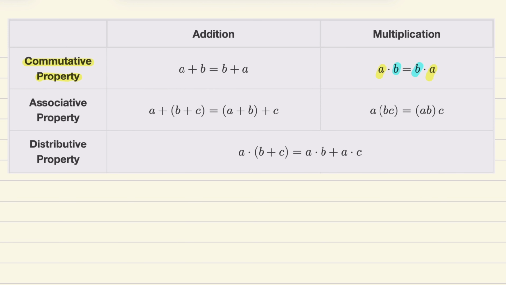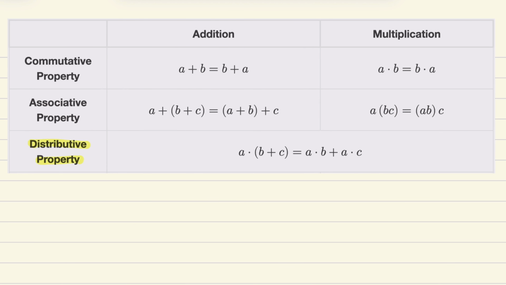Similarly, for the associative property, if we have three things being added, grouping the second and third for addition first is the same as grouping the first and the second for addition first. And then for multiplication, multiplying three things, grouping the second and third or grouping the first and second have the same result.